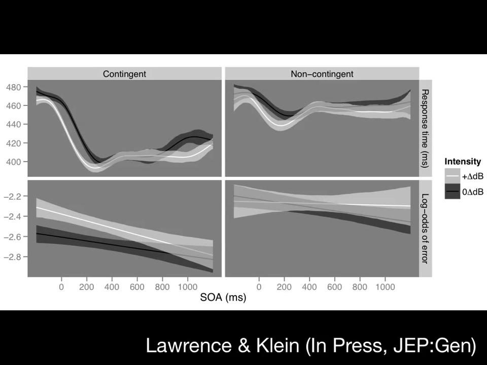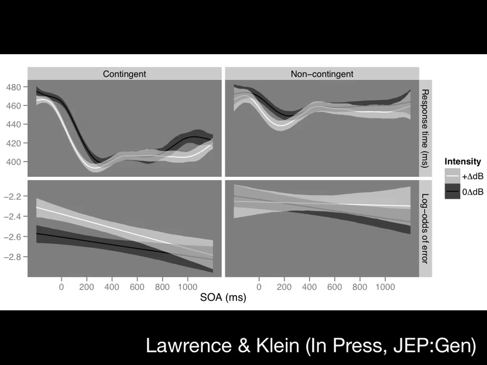I had two manipulations. The reaction time data is on this row of facets, and the error data is on this row of facets. I had two experimental manipulations: the intensity of some signal that preceded the target, and a contingency manipulation that I won't go into; think of it as a manipulation between two conditions.